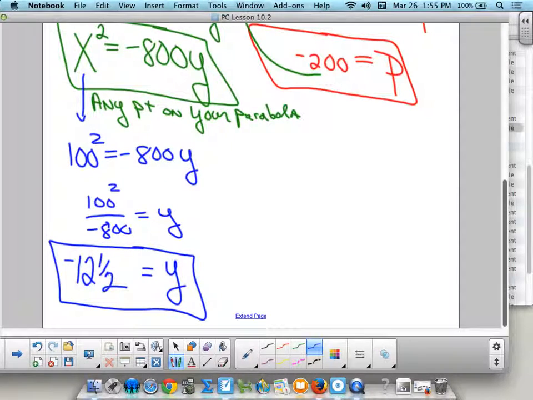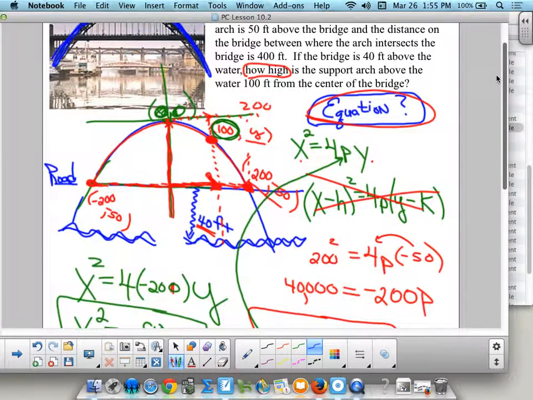Okay, let's go back to the picture though. Let's make sure that makes sense to you. The picture says the vertex of the arch is 0, 0. So if I move over 100, I'm going to go down how far? 12 and a half. So does that seem reasonable to you?